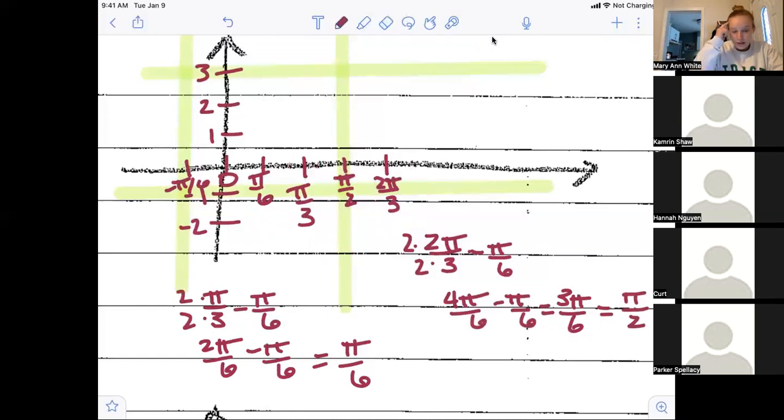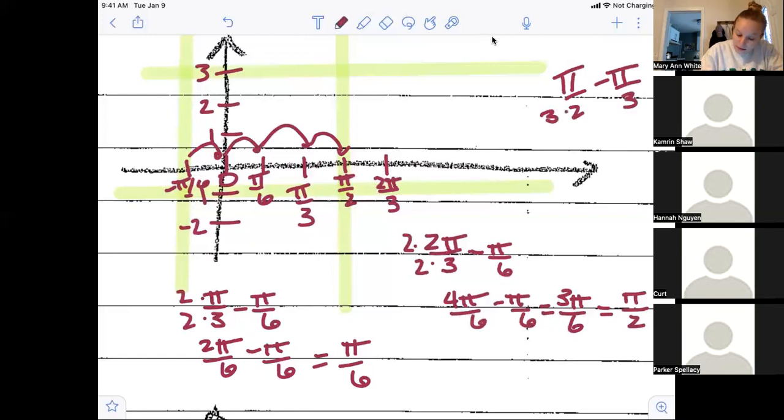With my understanding of fractions, all of these are a pi over 6 unit away from each other. If you don't trust me, let's try it. Pi over 2 minus pi over 3 is the same thing as 3 pi over 6 minus 2 pi over 6, which is pi over 6. So the distance from pi over 2 to pi over 3 is pi over 6.